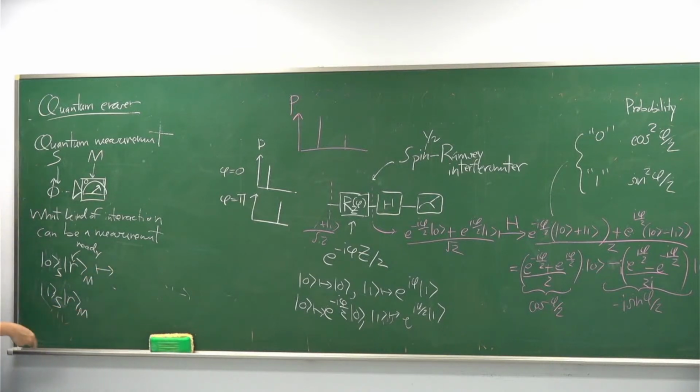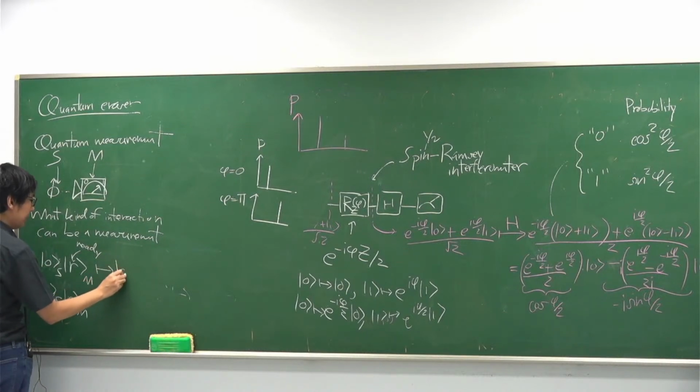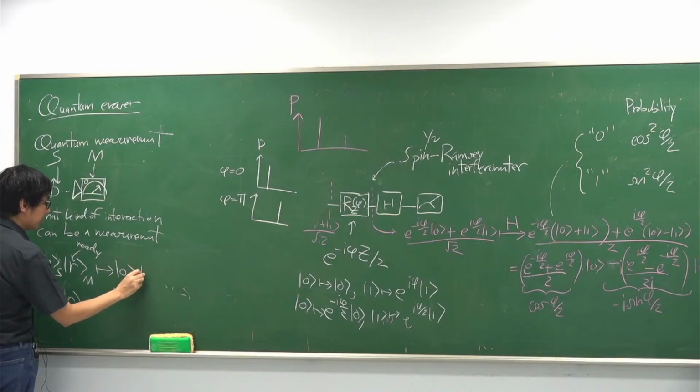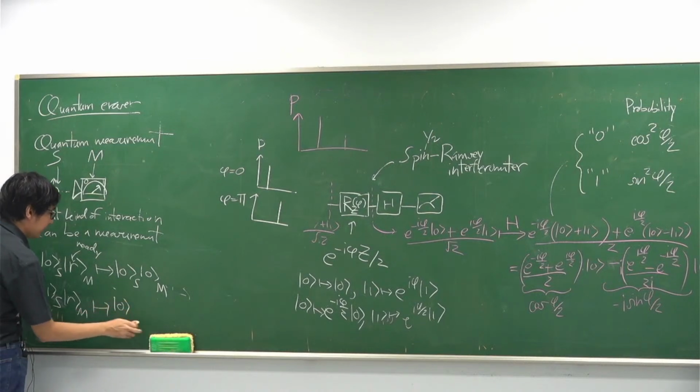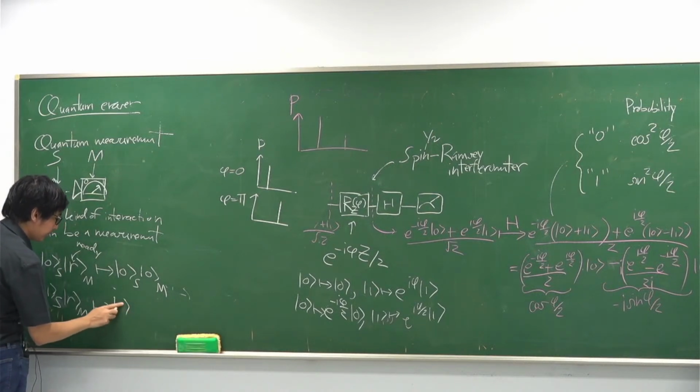After the interaction, whatever counts as a measurement, the state of the meter should correlate with the state of the system, right?